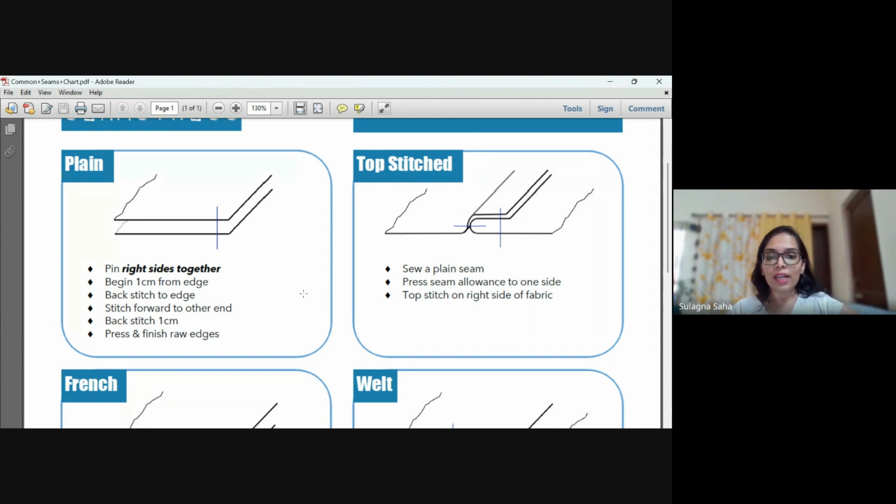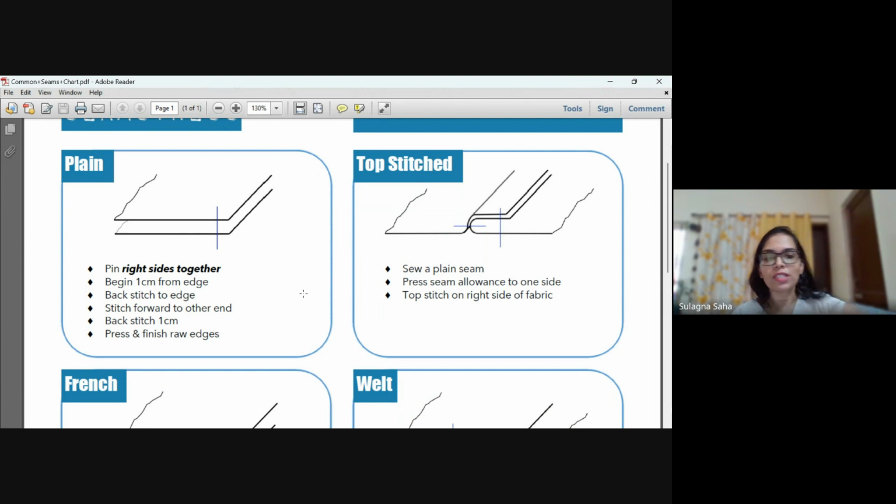The machine that most of you might be having, the domestic machine or the industrial machine also, the one we spoke about yesterday for the stitch formation, is essentially called a lock stitch machine. There are different stitch numbers as you progress in this industry. The stitch number that domestic machines work with is 301, and that is basically a lock stitch.